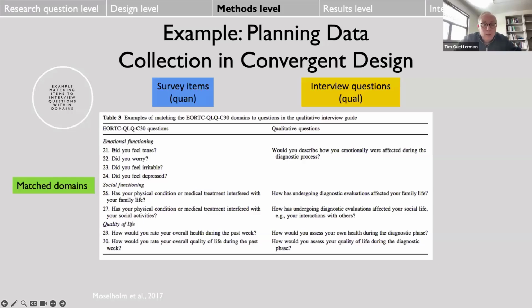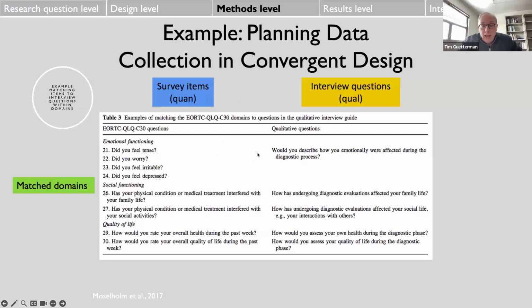So it's organized in domains. So she has this domain of emotional functioning, and then the questions, social functioning, and then the questions, and so on. And then what she did here is really matched in a systematic way what qualitative interview questions she wanted to ask in order to understand those same concepts or explore those same concepts.